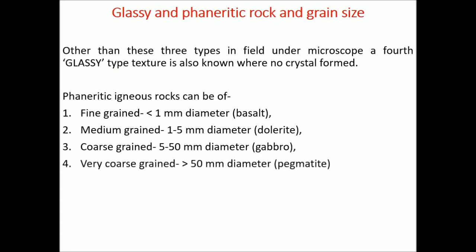And very coarse grained rock, greater than 5 cm diameter grains, that is visible in pegmatite. And porphyritic refers to a texture where we get a bimodal grain size distribution, and in the next slide we will go into that detail.